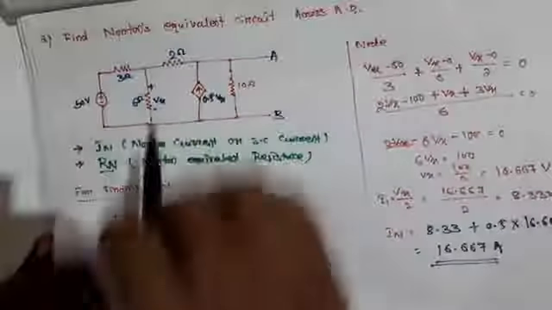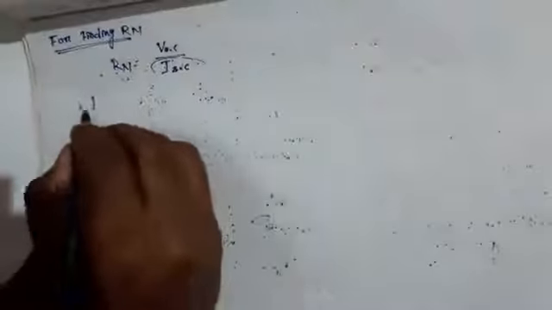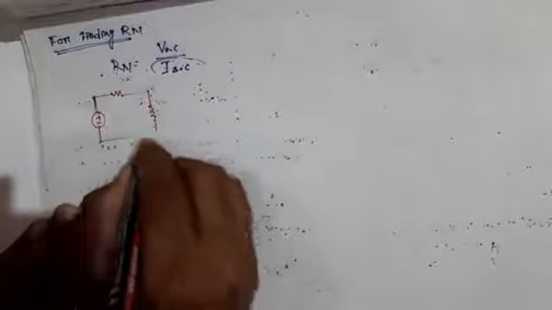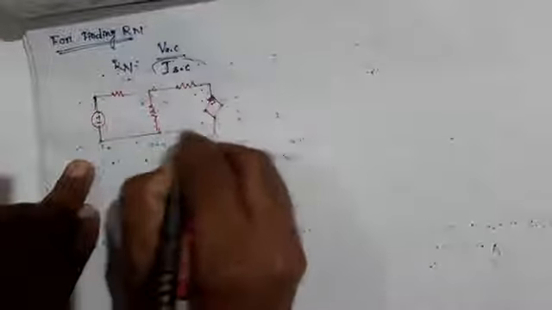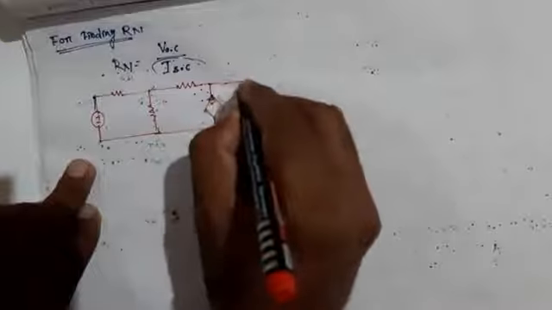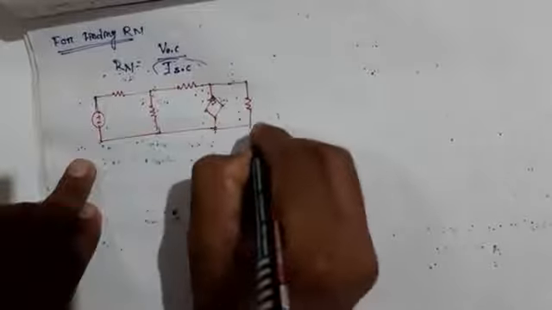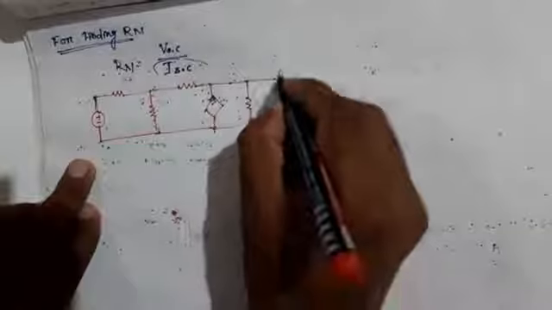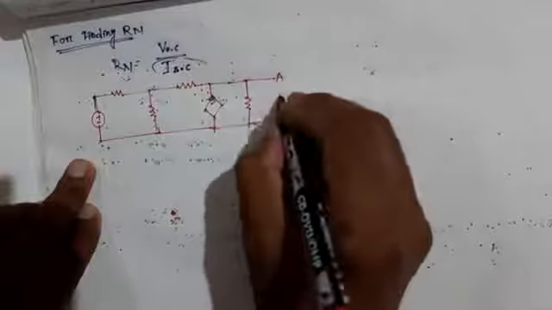Again, redraw the question. This is the question, this is 15 volt. We need to redraw. Sorry, this is the dependent source, this is AB, where we need to find this VOC.